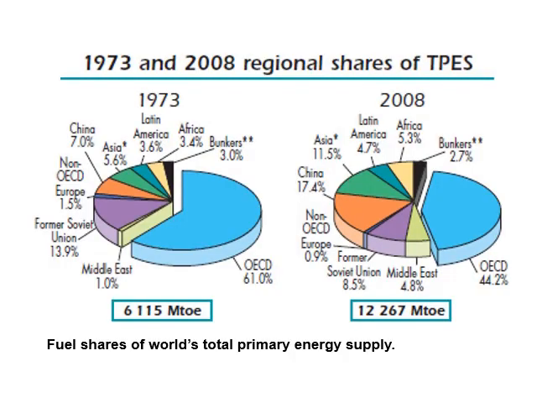And this is the comparison of the share between different regions, from 1973 to 2008. OECD is still the highest, but it has reduced to 44% from 60%. Why? Because of China. This part is China, which increased from 7 to 17%.